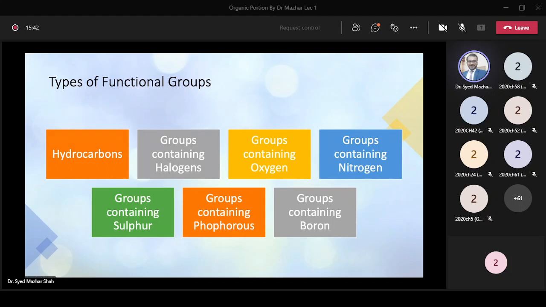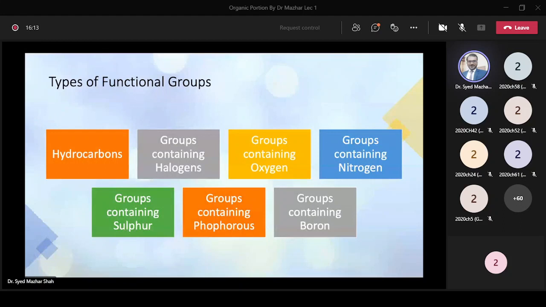The next is some groups or functional groups which contain oxygen. Does anyone know about any functional group that contains oxygen? Carboxylic group, ether, carbonyl, alcohols, ester.